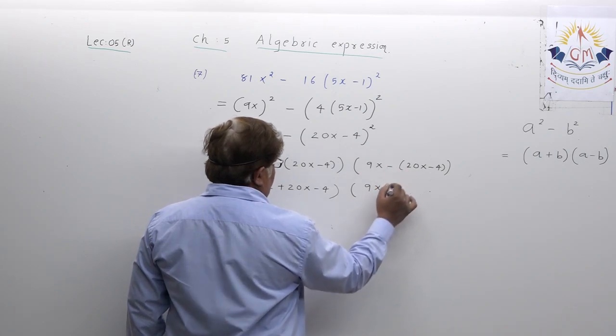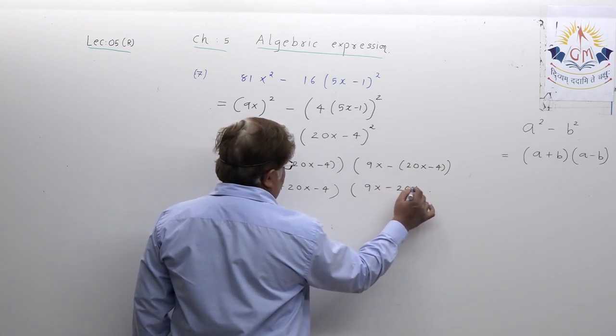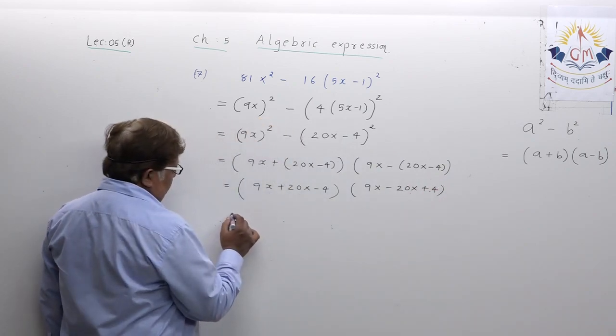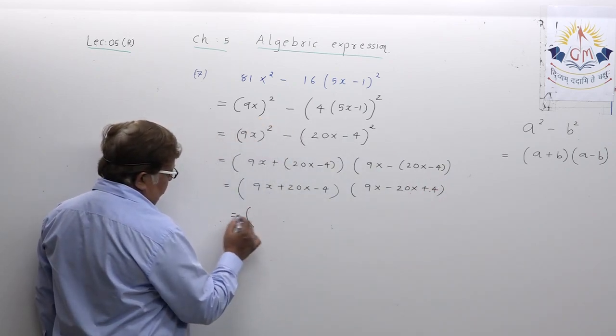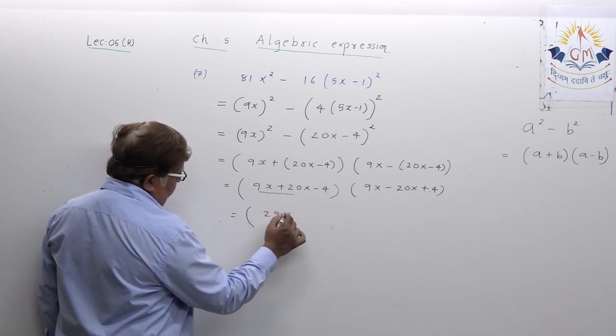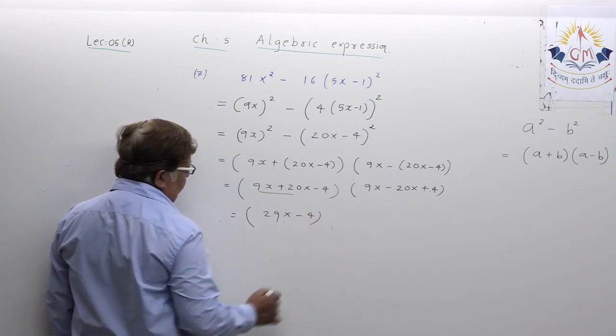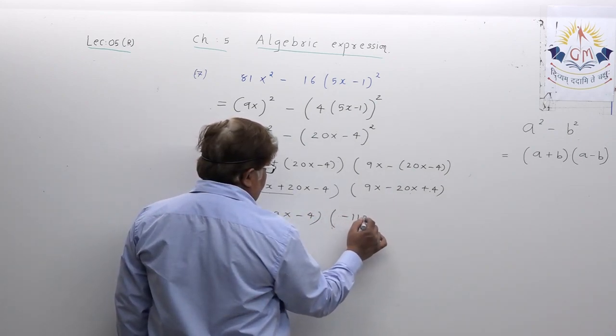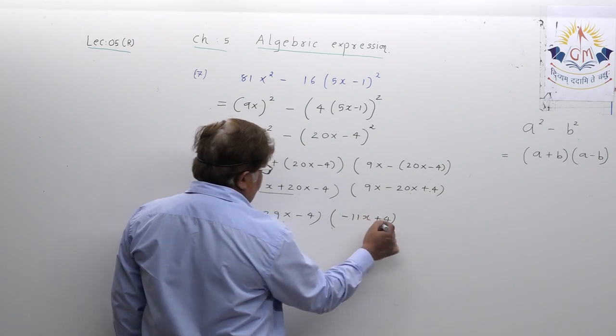Here is a minus sign, so the bracket will open with sign change in both the terms. And now it's a question of solving the like terms. 29x minus 4 and here minus 11x plus 4.